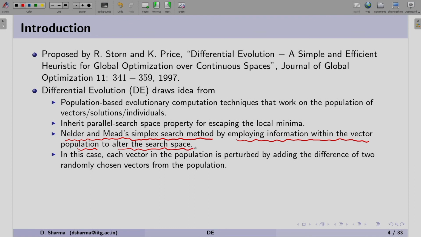As we know, in the simplex search method, if we consider, for example, a two-variable problem, we consider n plus 1, so basically 3 solutions. In these 3 solutions, we find the best solution based on the fitness value, the worst solution, and the next to the worst solution.